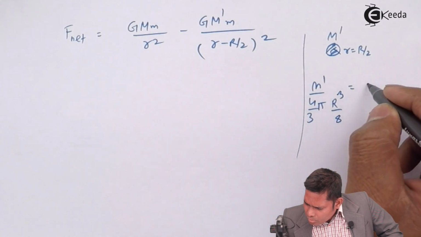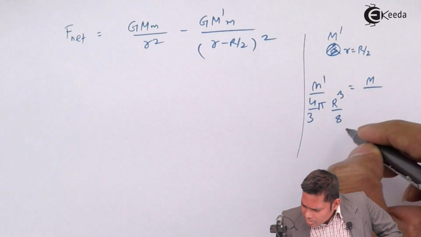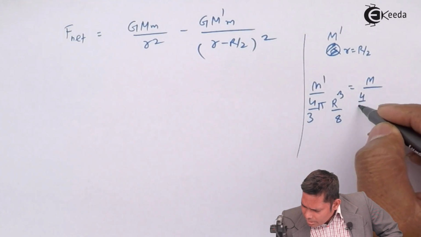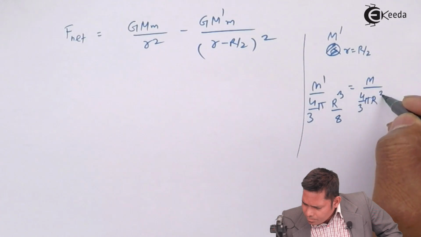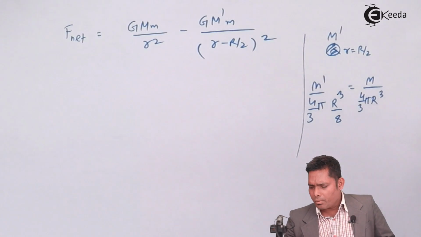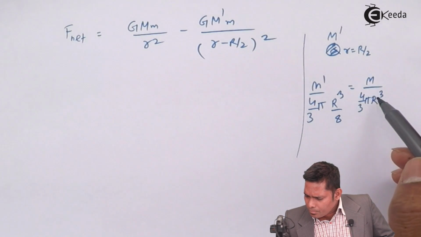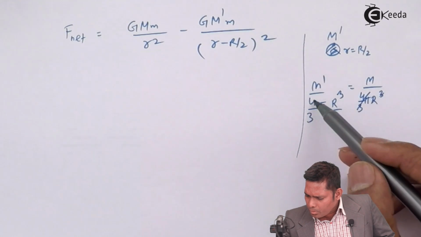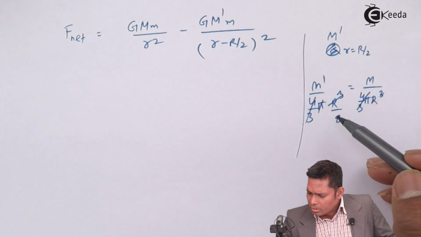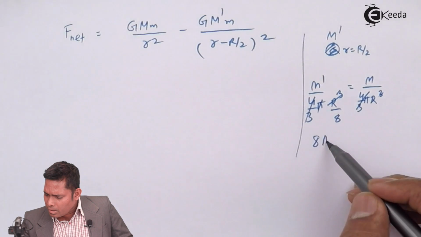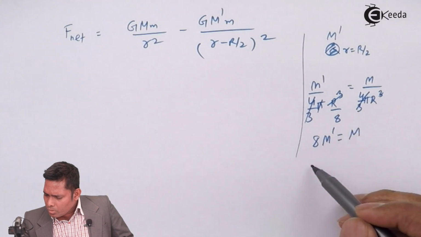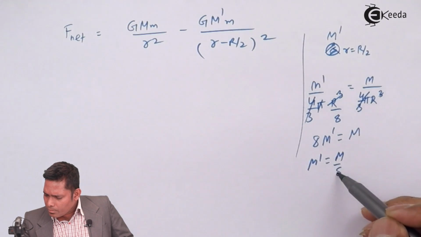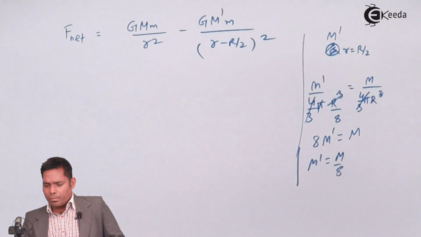That is equal to the total mass M with total volume 4 by 3 pi r cube for the bigger radius r. The 4 by 3 pi r cube cancels out. The 8 goes up, so 8 M dash equals M. So M dash is M over 8. This is clear? M dash is M over 8.